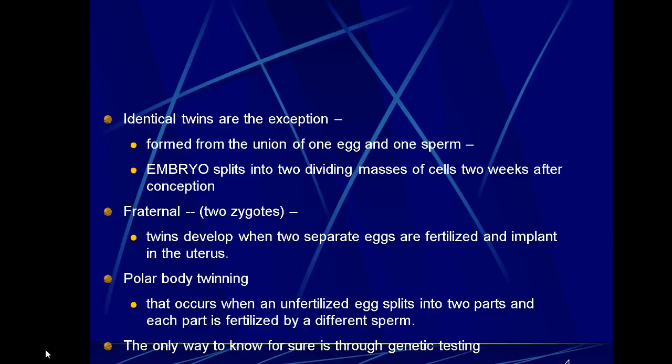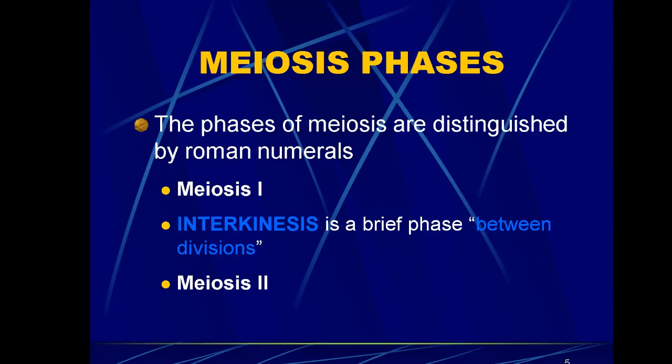That means they're going to have identical of whatever mom donated and identical of whatever dad donated, because we started with the fusion of the sperm's nucleus and the nucleus of the secondary oocyte. After the first week, but prior to the second week's completion, those cells have the same DNA, but they split into two separate dividing masses of cells. So again, unique and genetically distinct.